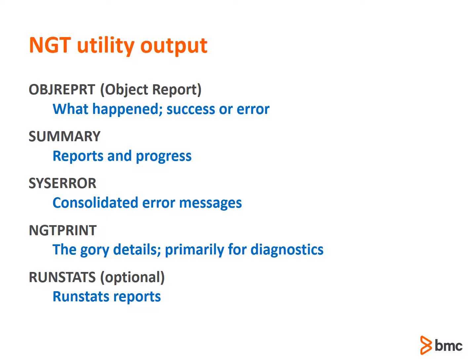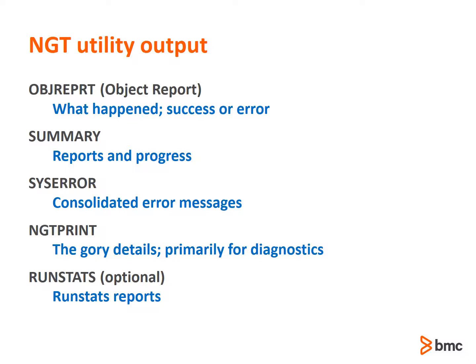NGT Sys output provides consolidated error output for the utility. This is where you would look when a utility encounters an error during its processing. This is far easier than searching through sysout for error messages mixed in with a lot of other unrelated messages. With NGT utility output, the error messages are consolidated under one Cicero report, making it very easy to find when an error occurs.